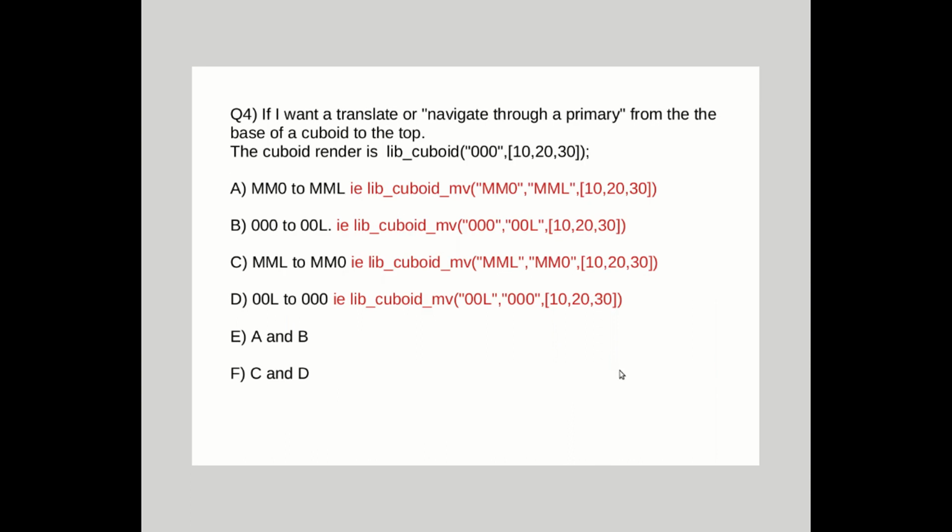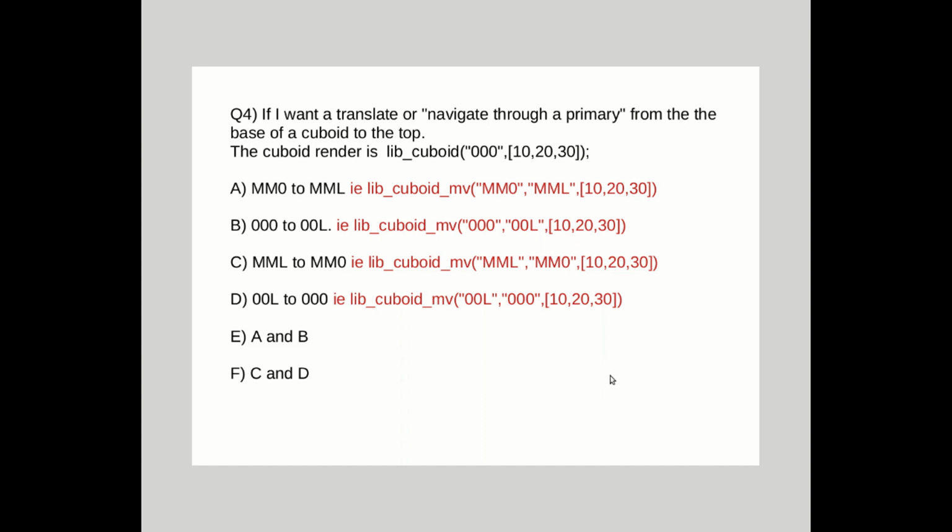If you want to translate or navigate through a primary from the base of the cuboid to the top, how would you do it? The question has a cuboid render, which is lib cuboid 0 0 0, comma 10, 20, 30. Option A, we navigate from MMO to MML, and then it gives you a command.